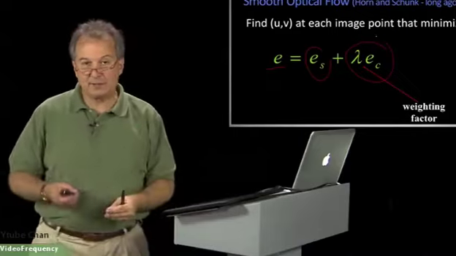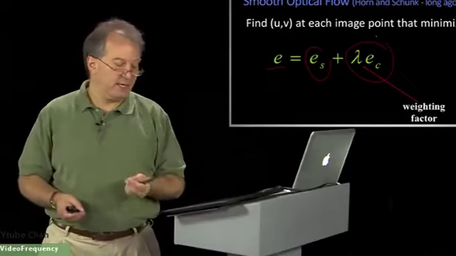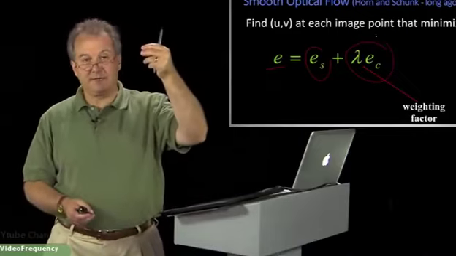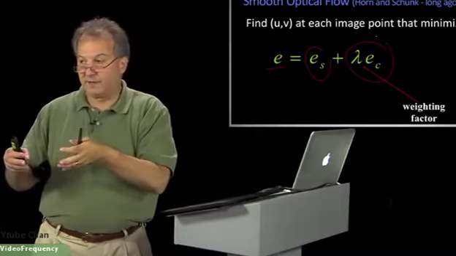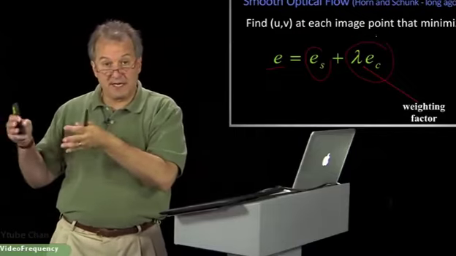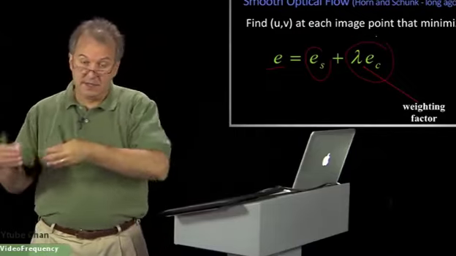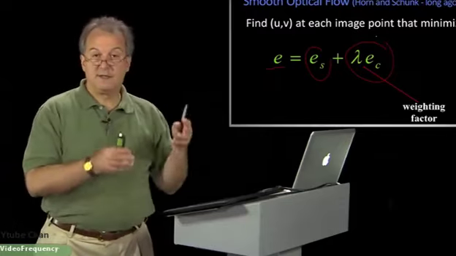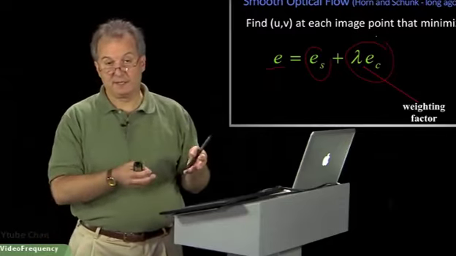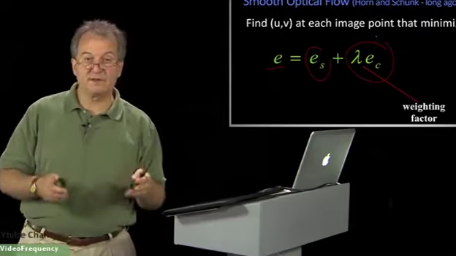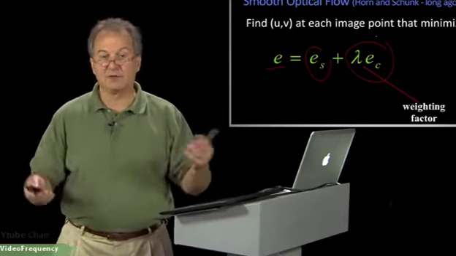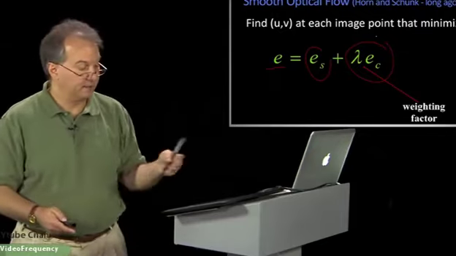And the weighting factor is sort of how much you believe your data. So the bigger the weighting factor is, the more important satisfying the brightness constancy constraint is. The smaller the weighting factor, the more the smoothness term dominates. And what value it should have is a function of how much noise there is and how smooth you believe the entire thing is.